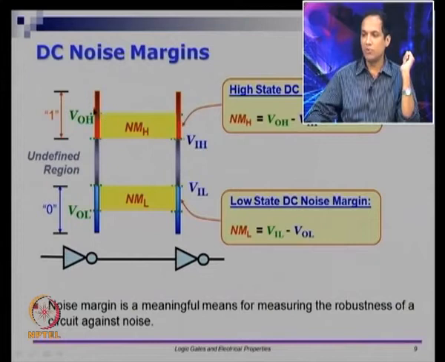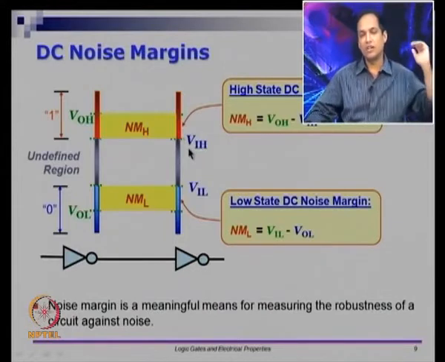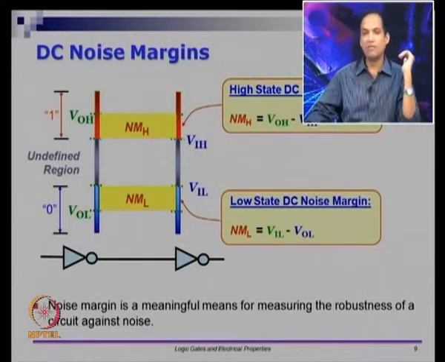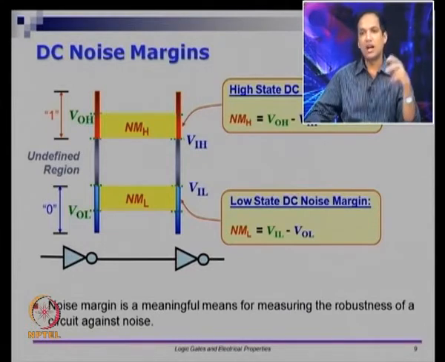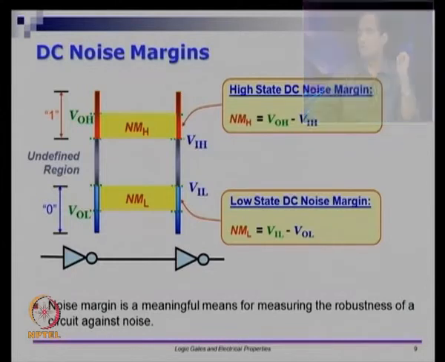If this VOH gets closer and closer to VIH, then a weak 1 is taken as input, and in turn it will also drive a weak 1. So this is something that is usually undesirable. What we want is to design circuits so that the DC noise margins are quite high.